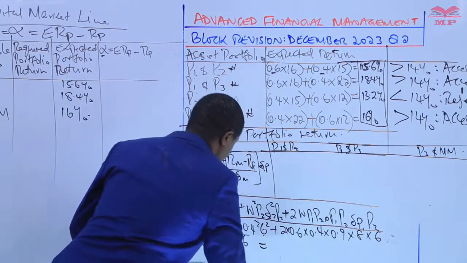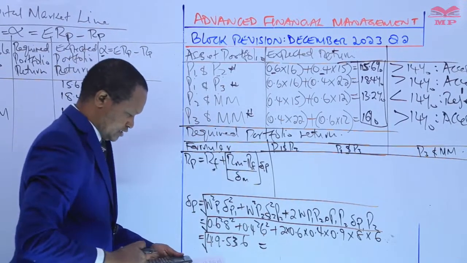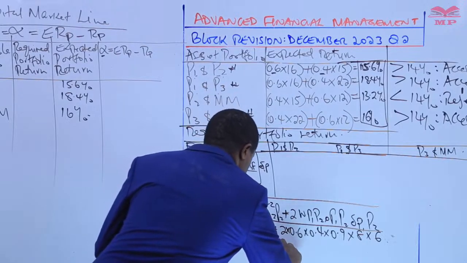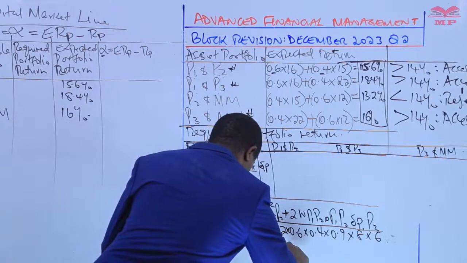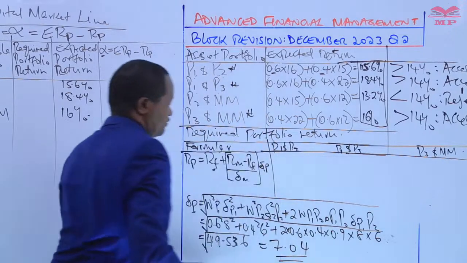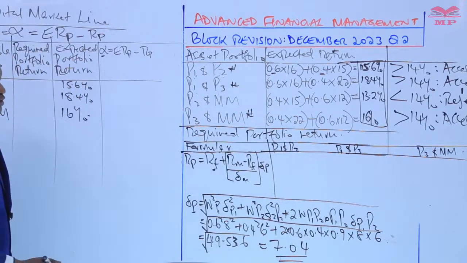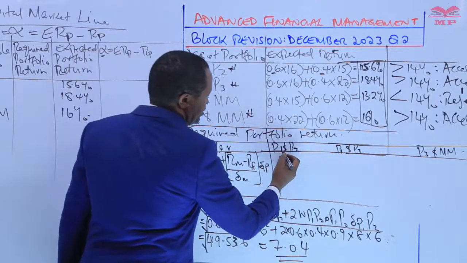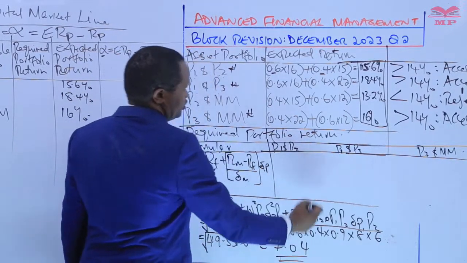So what is the standard deviation? This gives me 7.04. So we've calculated the standard deviation of the portfolio P1, P2.